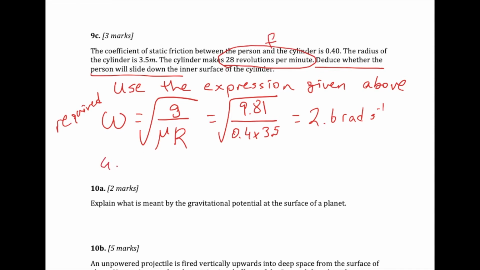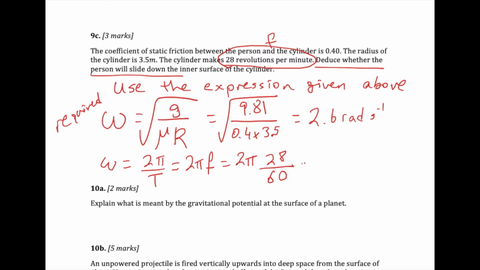Since we know omega is 2 pi over t, it's also equal to 2 pi f because f is 1 over t. So I can rewrite this as 2 pi times 28 revolutions per minute, and I'll write that as 60 seconds so that it's an SI unit. So what do we get when I calculate this?